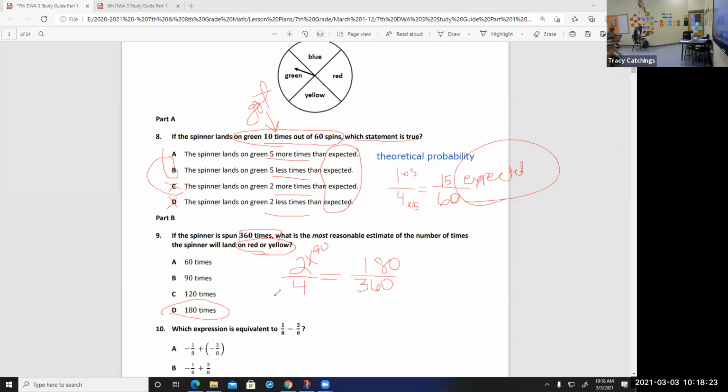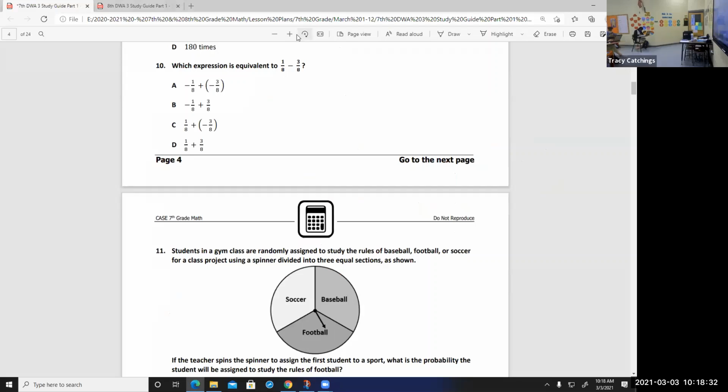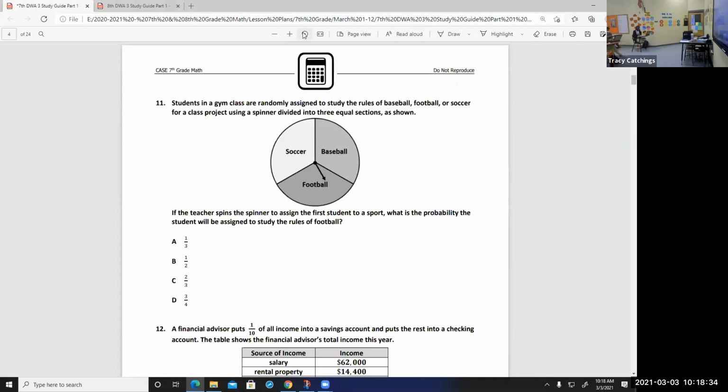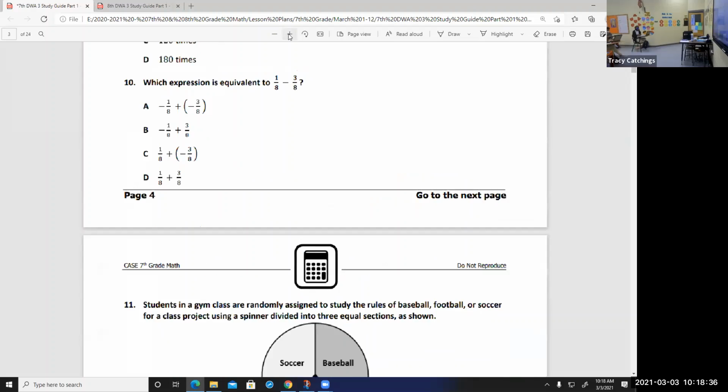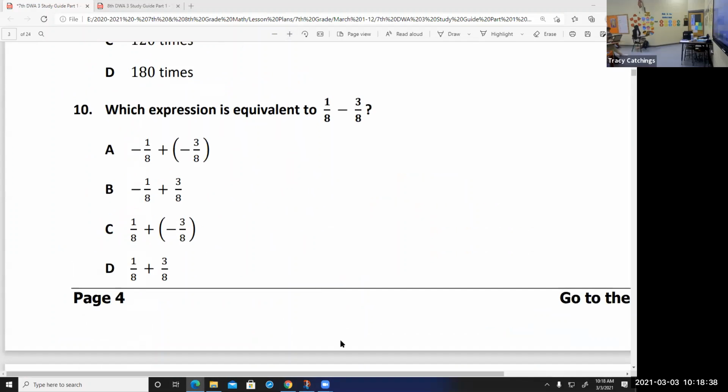Any questions about it? Everybody got what you need? All right, this is a skill that just wants us to remember that subtraction is the same as adding the opposite. And the name pretty much implies what it does. A lot of y'all be trying to solve these types of problems.